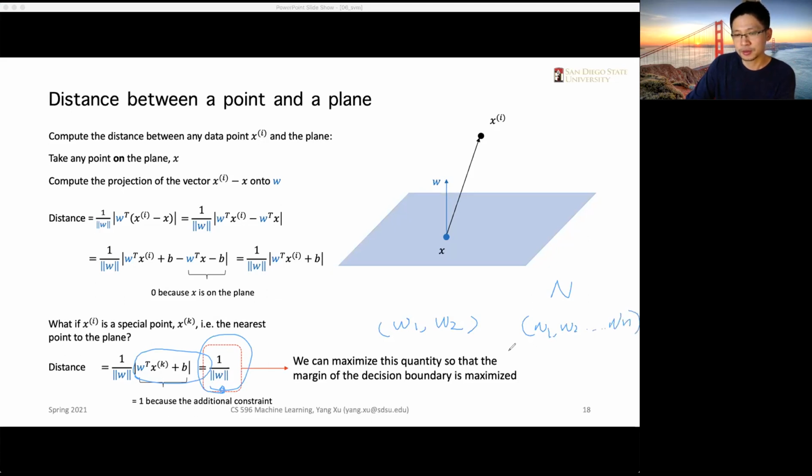We need to tune those values within W so that 1 over the norm of W is maximized. This is a very typical optimization problem, and it comes with constraints.